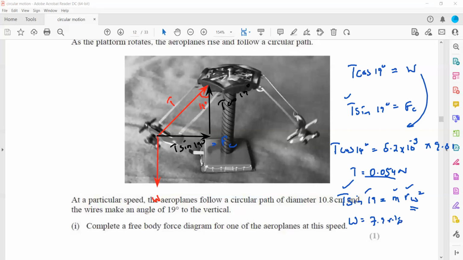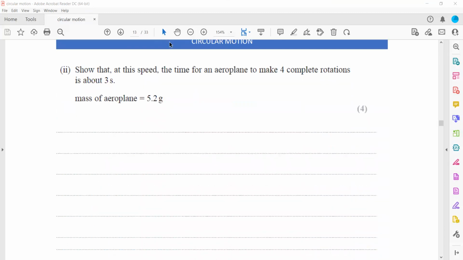Now, in the question, we need how much time it will take for 4 complete revolutions. After getting omega, omega equals angular displacement over time. In 4 complete revolutions, the angular displacement will be 4 into 2 pi, because 1 complete rotation is 2 pi.